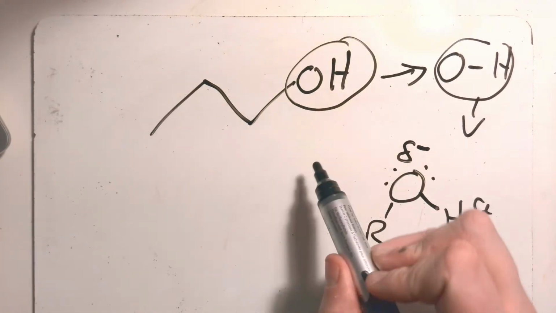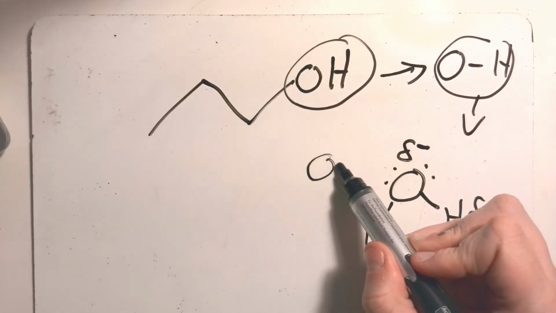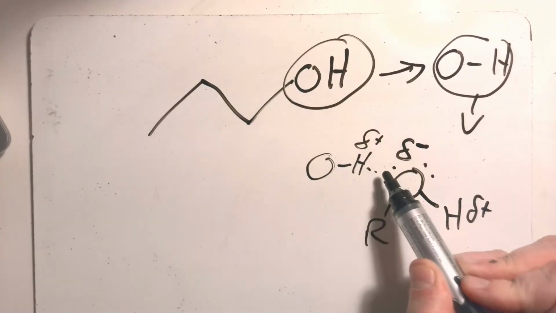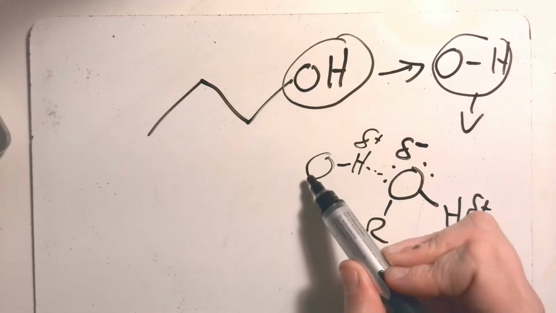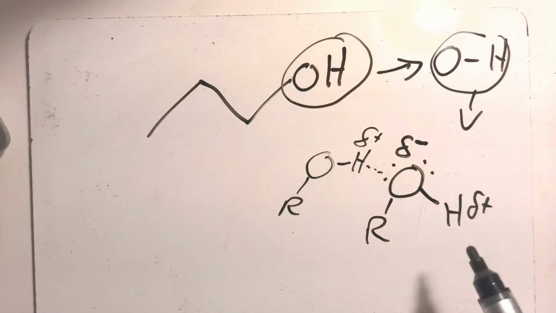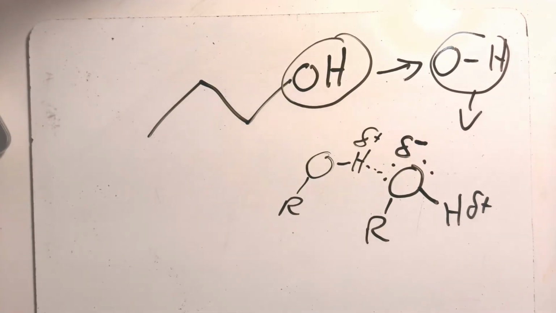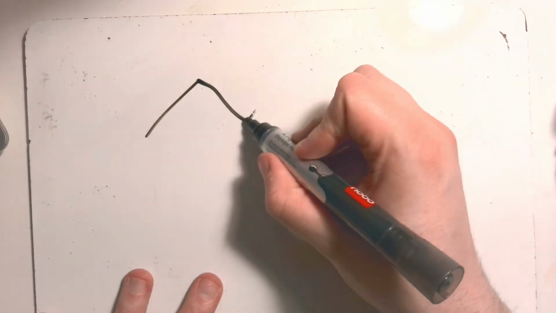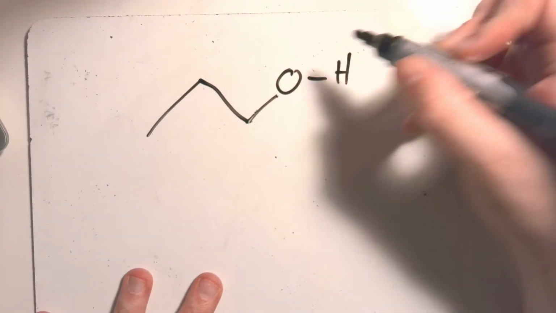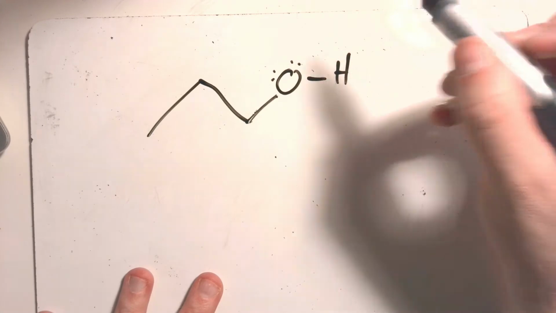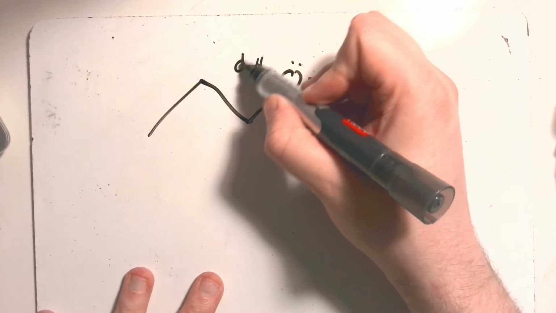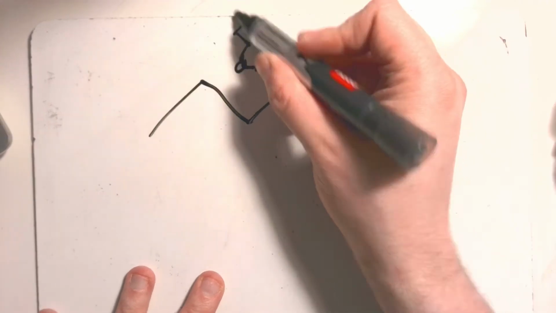If we draw in an adjacent one here, this delta positive charge is going to be attracted to this lone pair of electrons here. That's going to be a relatively strong hydrogen bond and a relatively strong intermolecular bond that needs a lot of energy to break. Looking at the bigger picture, if we have an OH here, we're going to have a nearby one here, and another one.